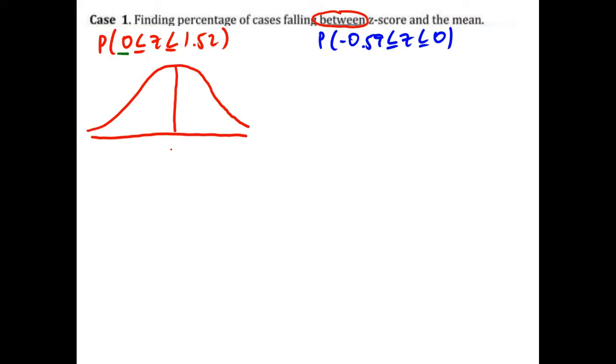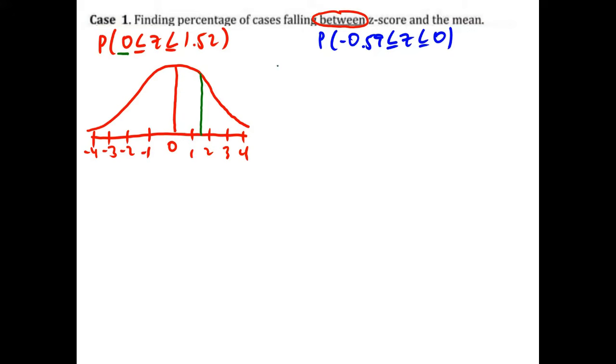So this is our 0. Of course, you need to draw the -1, -2, -3, -4. Of course, 1, 2, 3, 4 naman din sa kabila. Okay, so Z is 1.52. Nasaan dyan yung 1.52? So nandito sa part na ito.